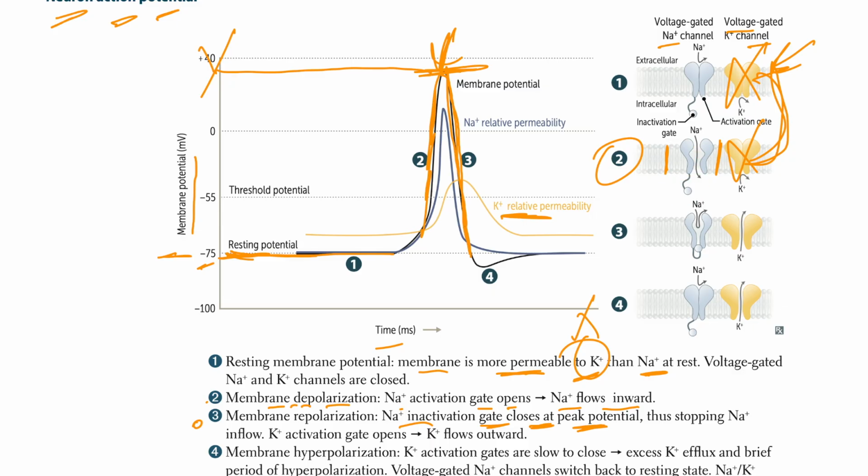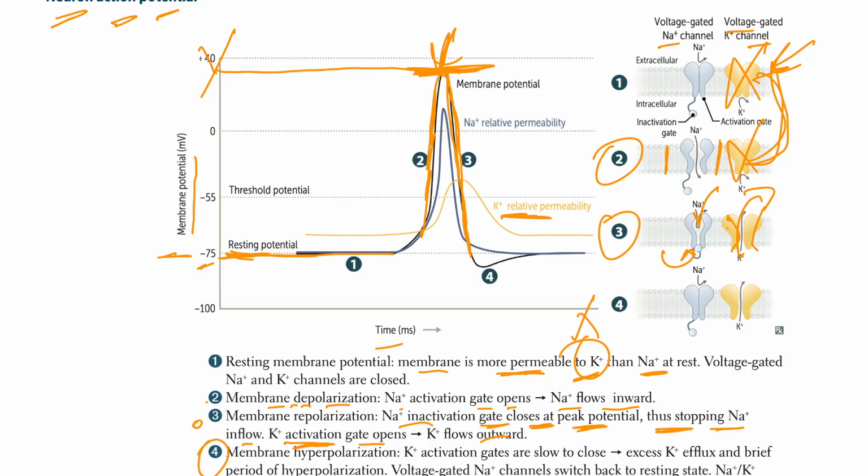So although the sodium channel from the top is open, the inactivation gate closes the channel at the peak, which stops the sodium inflow. The potassium activation gate opens, so potassium flows out. And that is the third one.